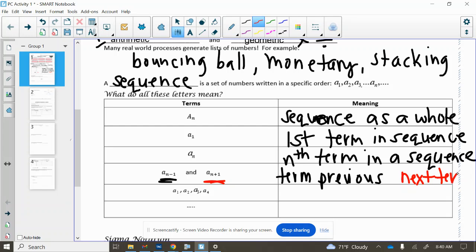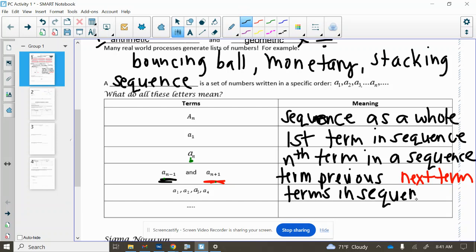So if my current term is A sub n, the term previous is A sub n minus 1, and the next term beyond that is A sub n plus 1, just using that little notation. A sub 1, 2, 3, 4, again, are just showing those lists of terms in the sequence.